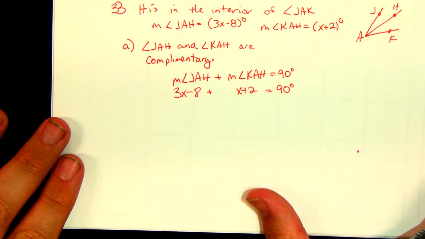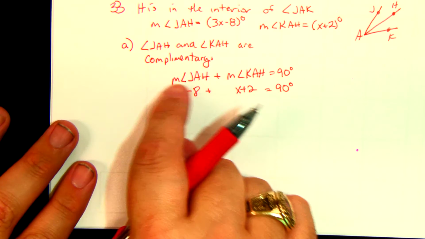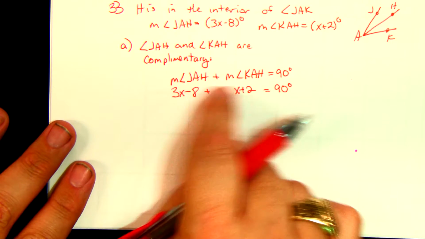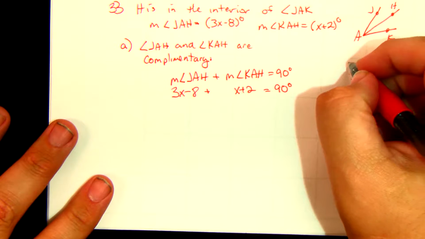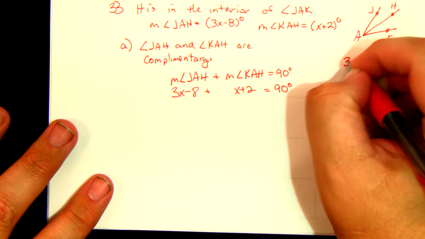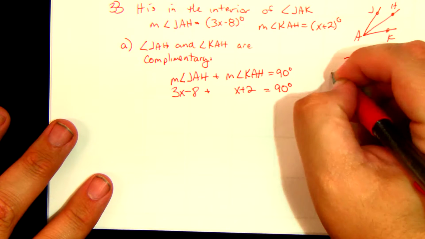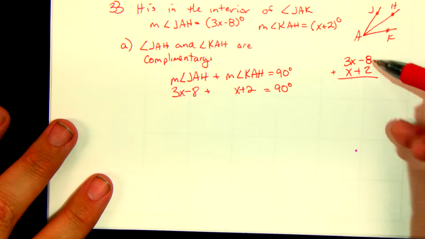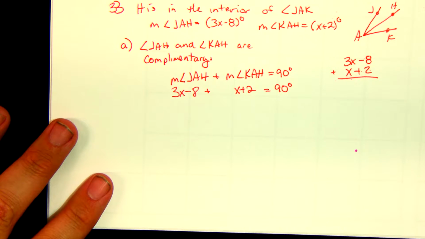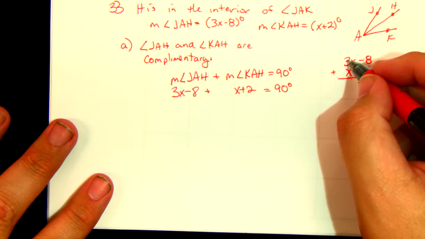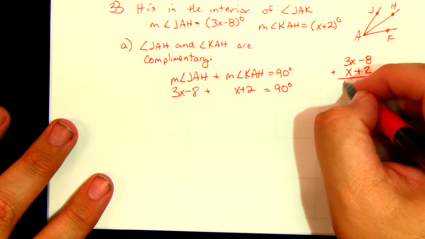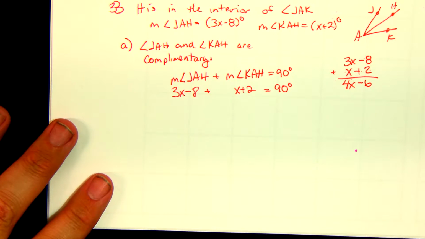So for this first angle, I need to add up these two. You can add them in a row if you want to, or you can work on the side: 3x minus 8, and then I got an x plus 2, and I got to add them together. What's negative 8 plus 2? Negative 6. What's 3x plus x? 4x. Nope, just 3x.